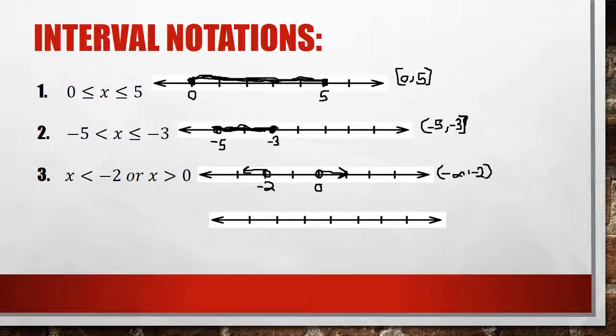And then, or, I'm going to use or, because the solution can be in one of these two intervals. It could be in this interval where I have 0, not including 0, to infinity. Again, I'm using parentheses.